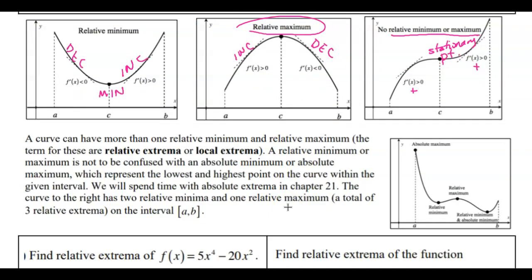Now, we talked about relative or local extrema. So relative or local, those are the same words, and it just means in an overall region, here's a picture again, it is the highest or lowest point. So the absolute maximum is also a local max. It gets two words. The absolute is the best word though, okay? It implies that it's also a local. So same thing with a relative minimum.